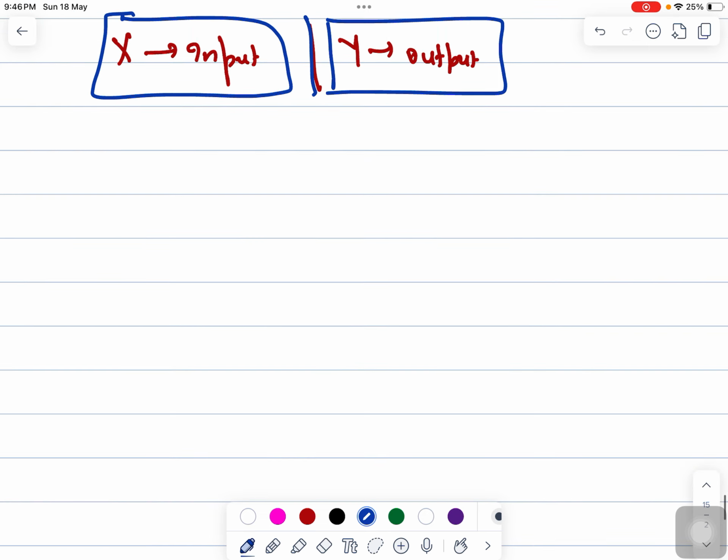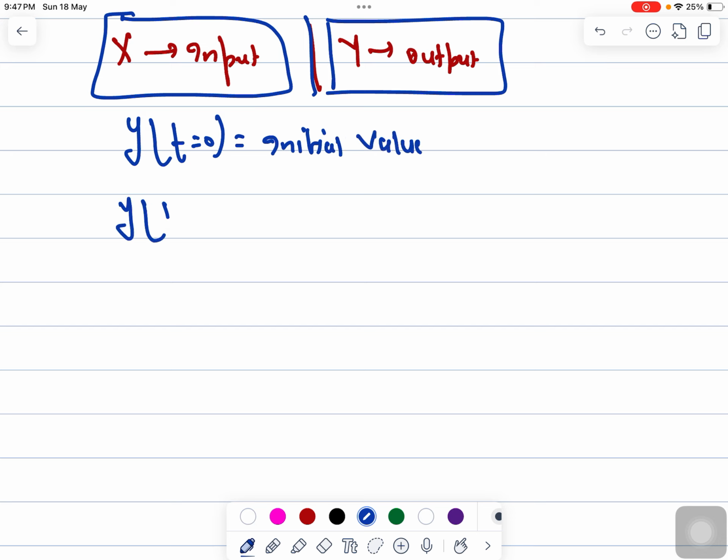So if I am calculating y(t) at t equals 0, this will be my initial value, and when t tends to infinity, that will be my final value, right?